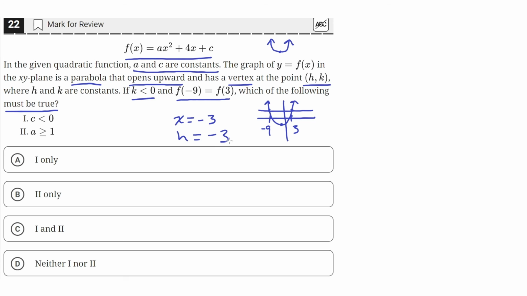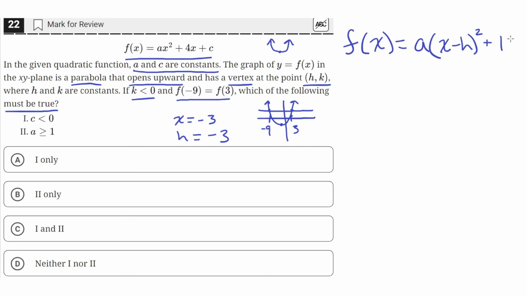So that's the vertex of the graph. And we can write the formula for a quadratic in vertex form. So vertex form looks like this. So we have a times x minus h whole squared plus b.